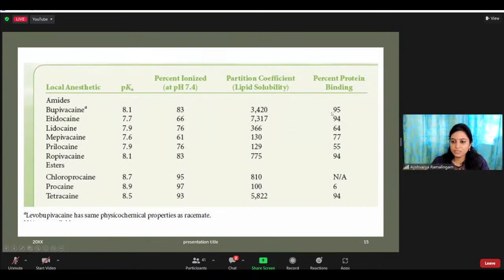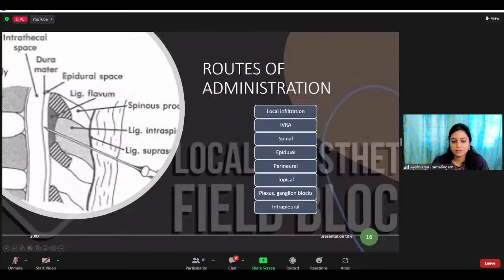So because of the increased protein binding, bupivacaine has a longer duration of action compared to lignocaine, which is only 64%.